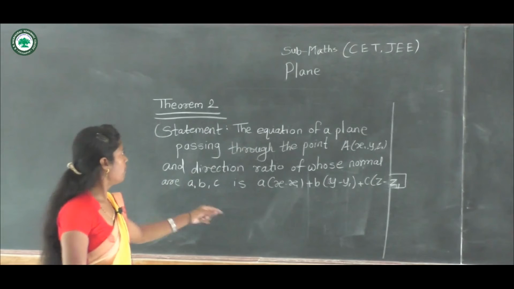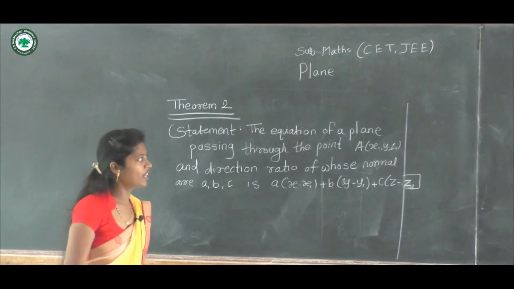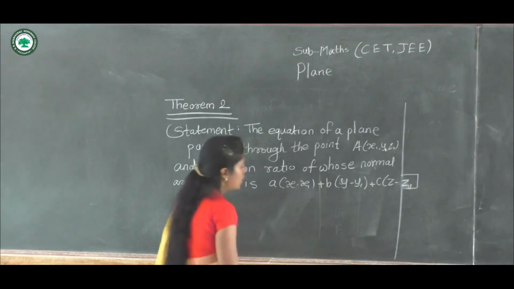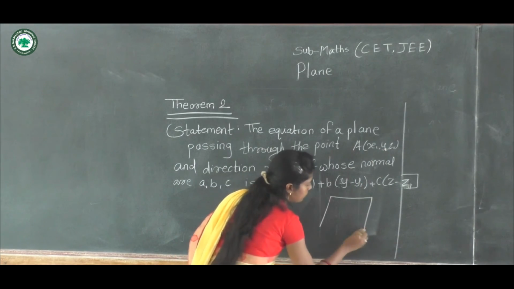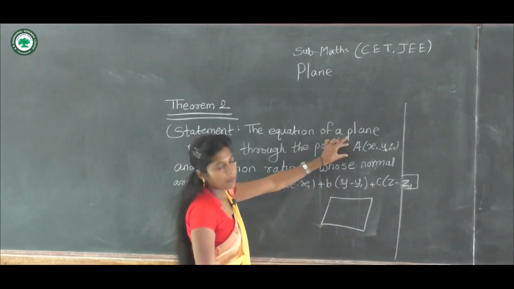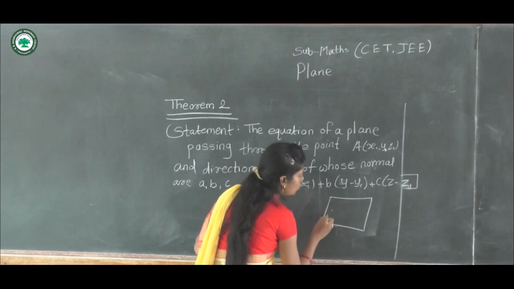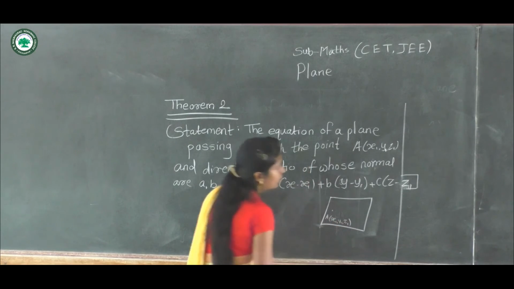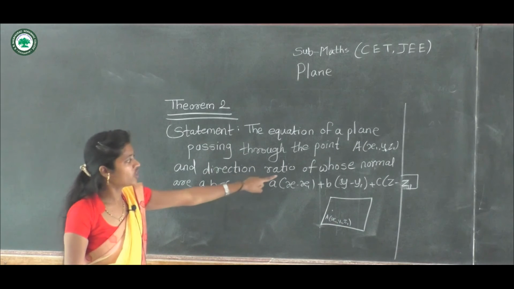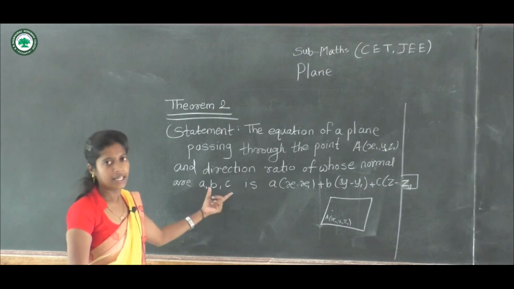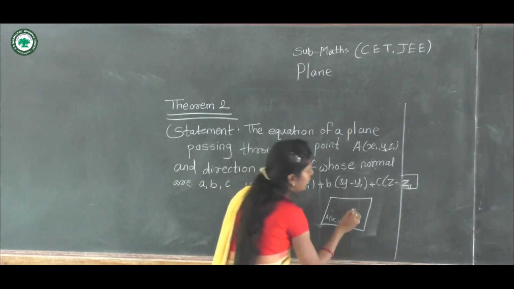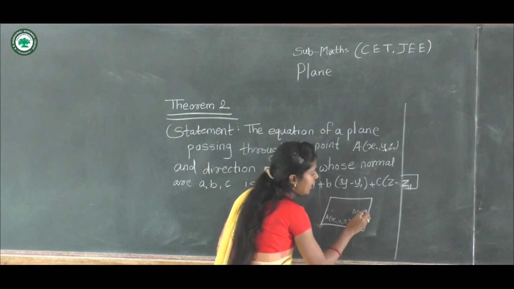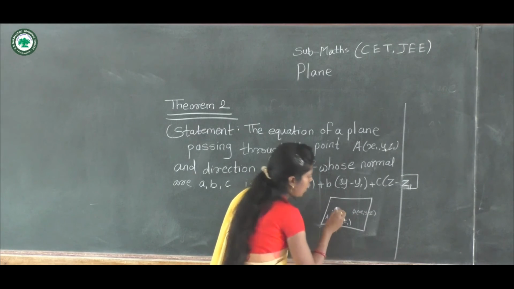Statement: the equation of a plane passing through the point A of x1, y1, z1. Suppose this is a plane. Taking a point A on the plane whose coordinates are x1, y1, z1, and the direction ratios of whose normal are A, B, C. Suppose P is any point on the plane whose coordinates are x, y, z.